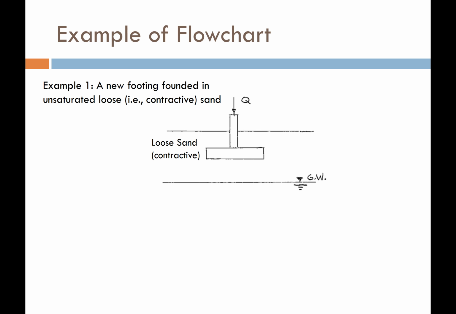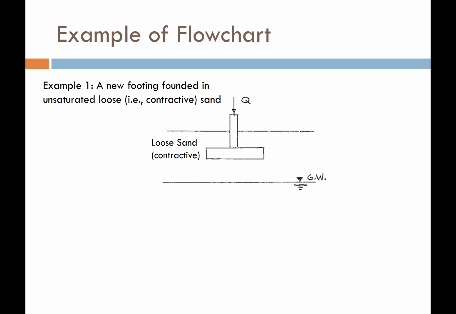So let's look at the condition of a brand new footing that is being constructed on loose sand. And because it's loose, the soil tends to be contractive. And it's unsaturated. We're above the water table. And we want to know which shear strength parameters we should use.